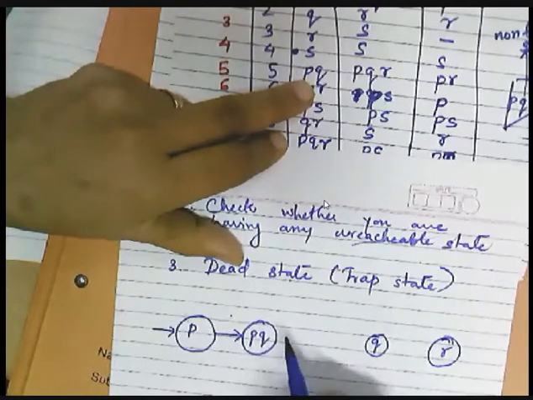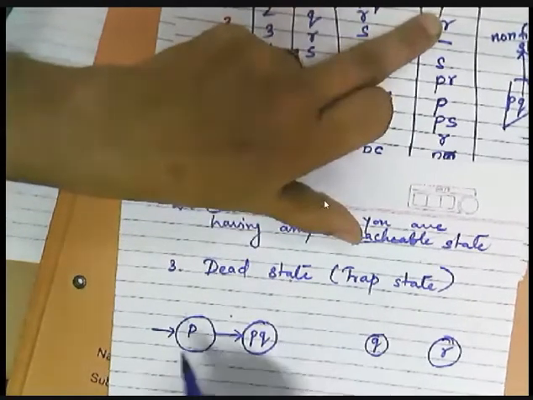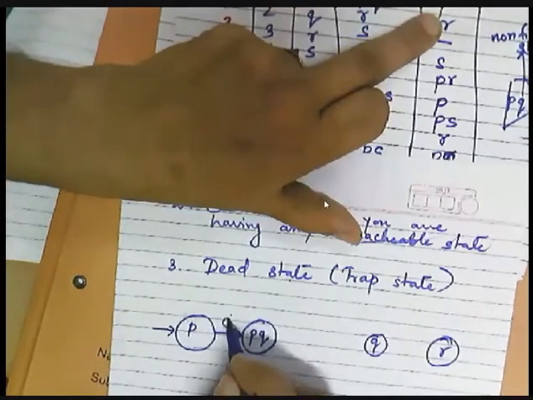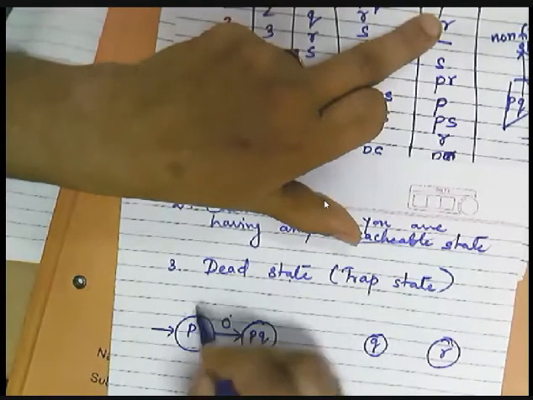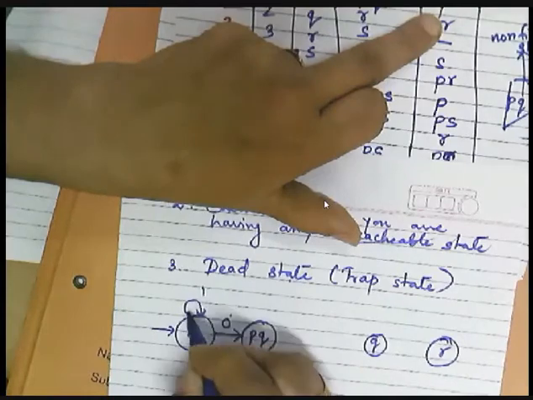Then P is moving with 1, with what? This is very important. Many students are missing this symbol information. With 1 it is moving to itself, right?